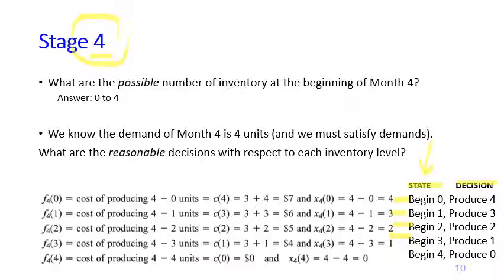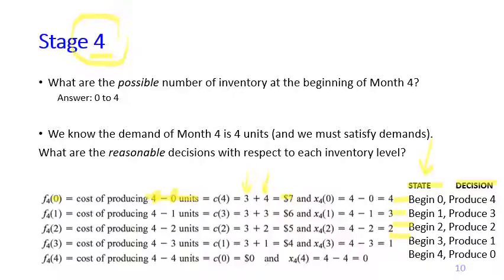So let's say the state is 0, so we begin this month with 0 inventory. The decision is producing 4 units because the demand is 4 and our beginning inventory is 0. So we need to produce 4 units. The cost of producing 4 units equals $7, because 3 is the fixed cost and 4 is the variable cost.